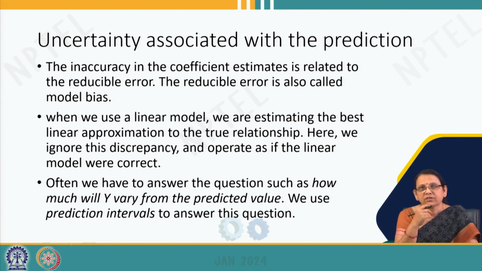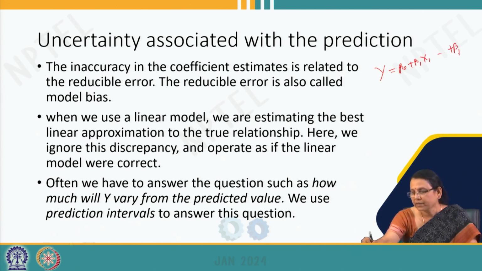So, which means if we determine the corresponding beta values, we determine that it is a good model, is it sufficient? No, because the original model that we considered was having some error. Y was beta 0 plus beta 1 x1 up to beta p xp plus some epsilon.